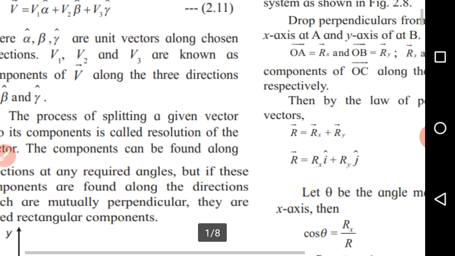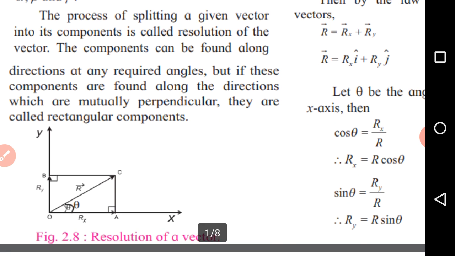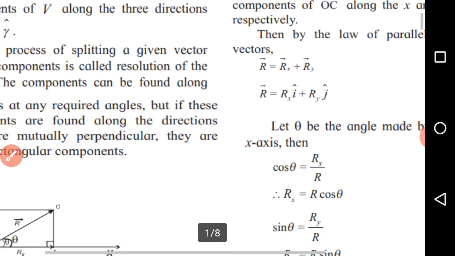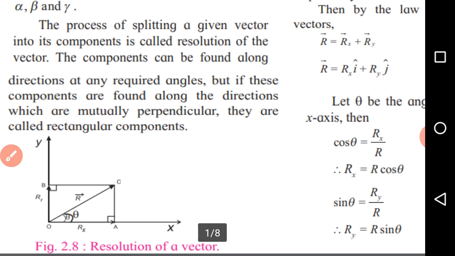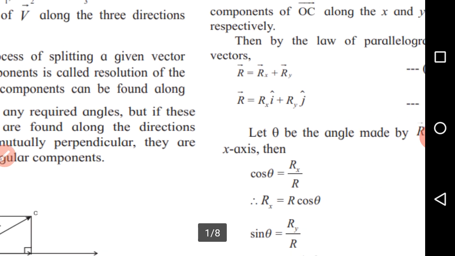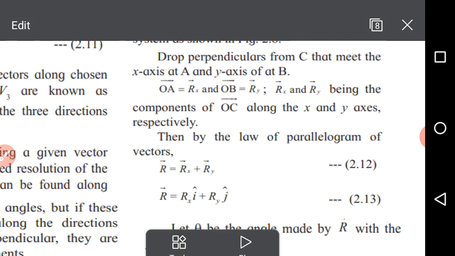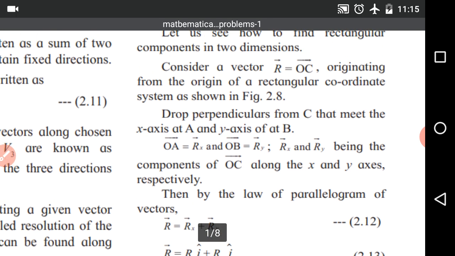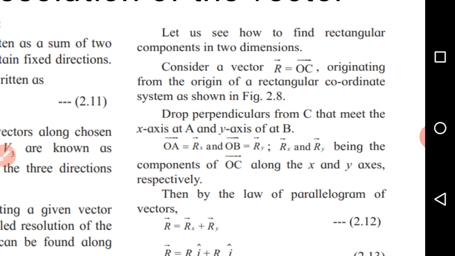First of all we have to find the magnitude of this resultant. OC is the diagonal, and according to the law of parallelogram it is the resultant. So consider vector R equal to OC, originating from the rectangular coordinate system.